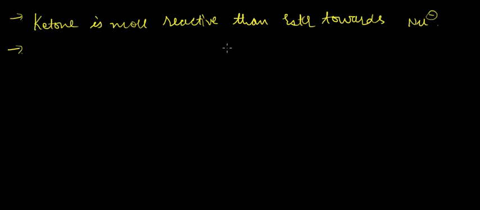and why is this the case? Because ester will be stabilized by the lone pair from the neighboring oxygen atom, which can then be used in resonance. Okay, and the second point is formaldehyde is more reactive than aldehyde towards nucleophile.